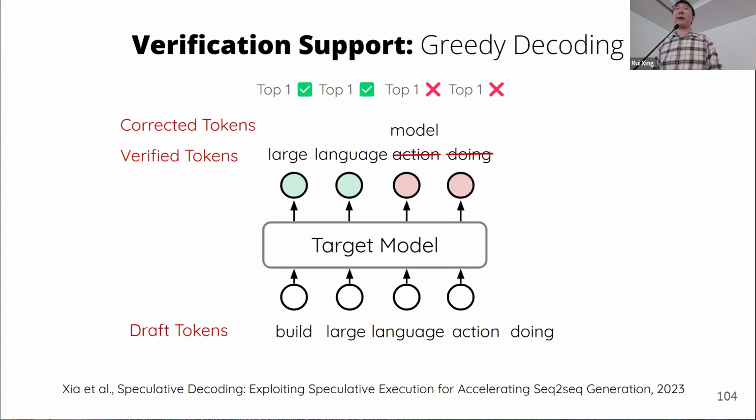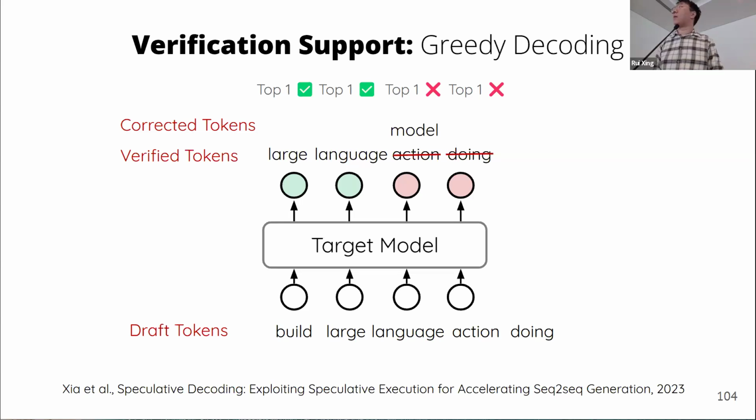So in this case, we can see that usually when the acceptance rate is fair, like larger than 50%, speculative decoding always gives the speedup, because here we also reuse the prediction by the target model itself.